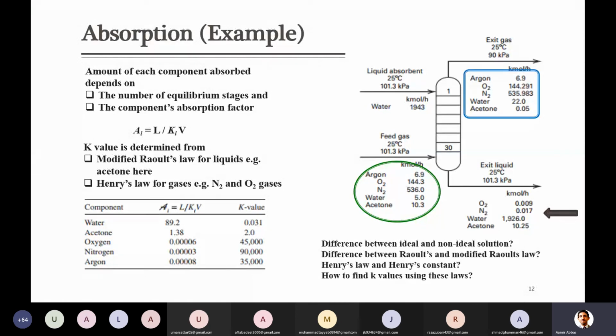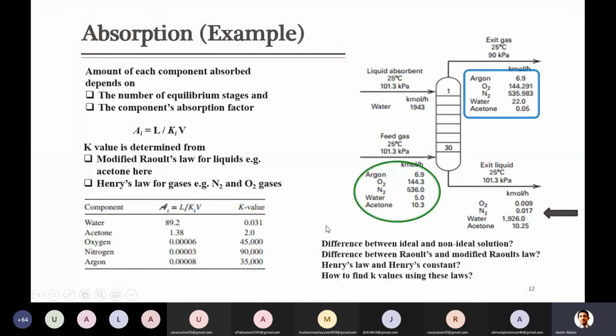For the components available in our gas stream entering the column, they were argon, water, acetone, nitrogen and oxygen. Out of these, for water Raoult's law is used, and for the other component, acetone, which is also a liquid at normal room temperature and pressure, the K value is determined with the help of modified Raoult's law, due to its very low concentration compared to the overall stream.